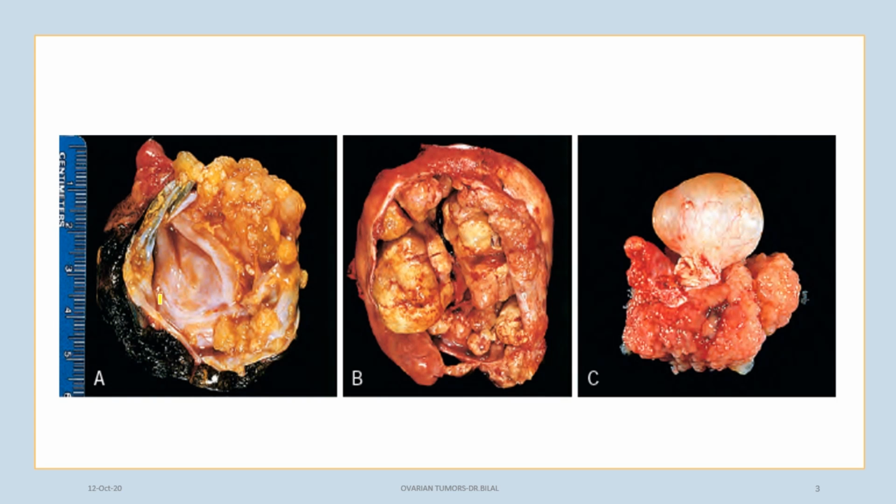In this region you can see some papillary structures, so this is a serous papillary tumor. On gross morphology this is most likely a low grade serous carcinoma, but things can change on microscopy.